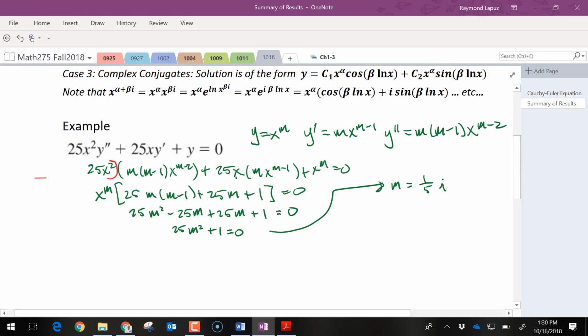So this thing here times this thing here is equal to x to the m when we multiply it, and then the same thing goes with these two. So they all have x to the m there.